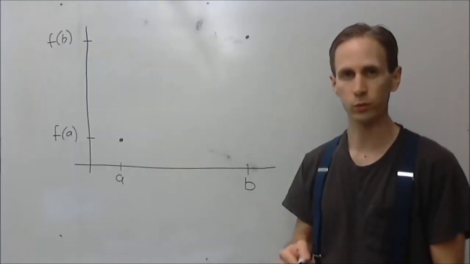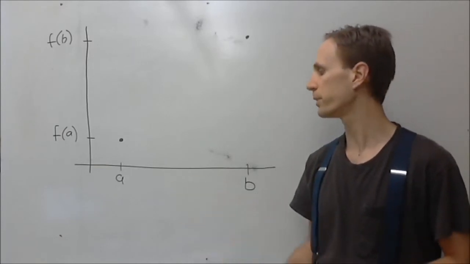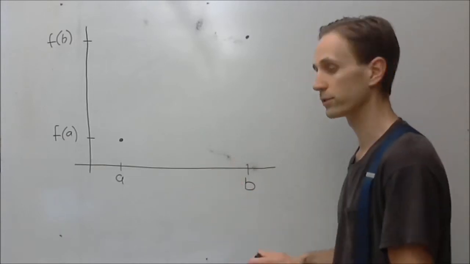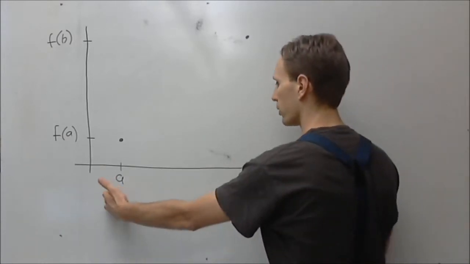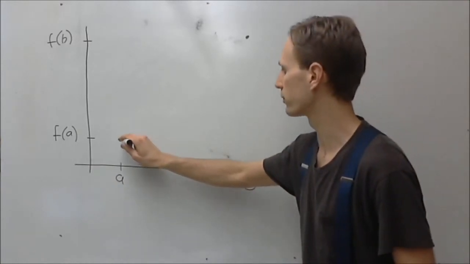One theorem that deals with continuity is called the intermediate value theorem. Loosely speaking, it says that if a function f of x is continuous on a closed interval a to b, so let me draw one such function.